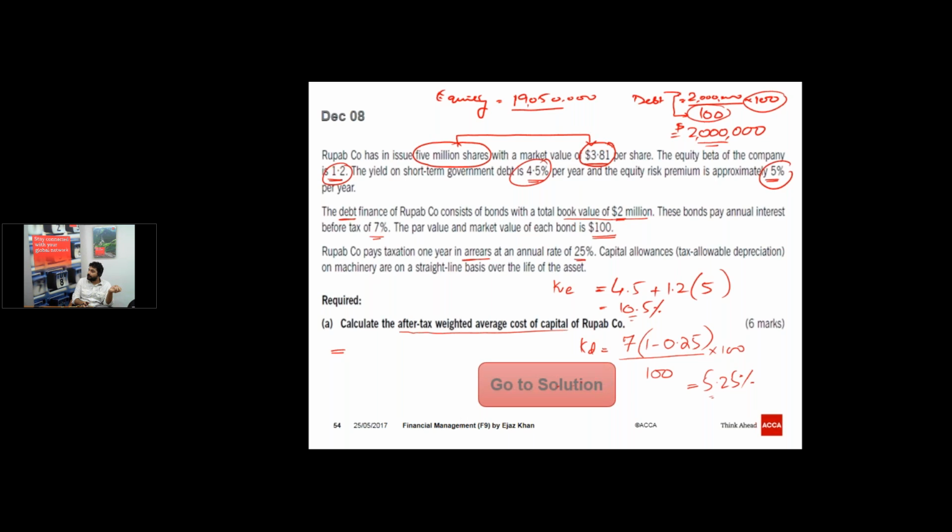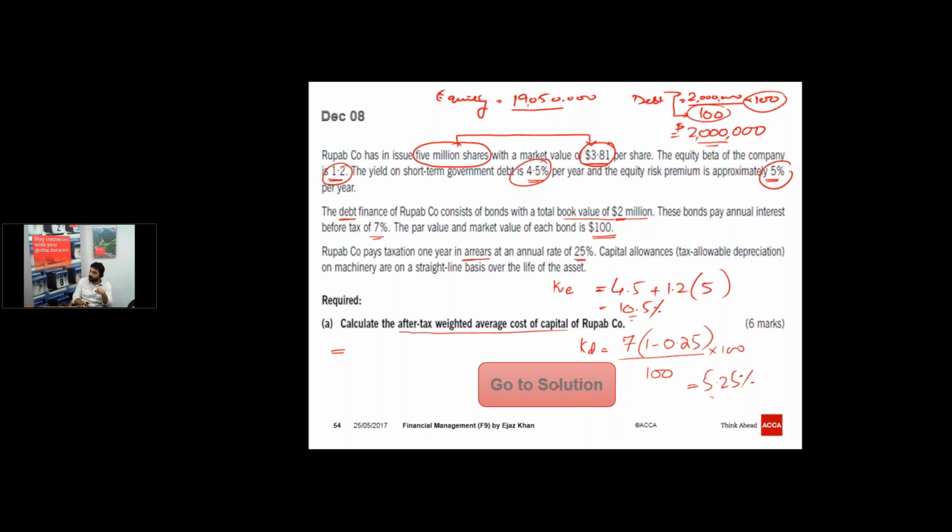Okay, sorry. The 3.81, we can't calculate weightage on a per share basis. We have to calculate the weightage out of the total value of the capital. It is actually weighted average. Remember, weighted average is always out of the total.